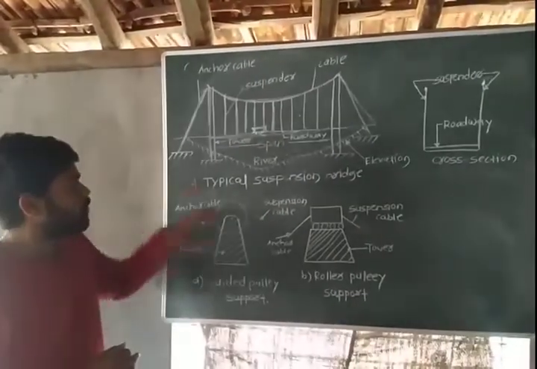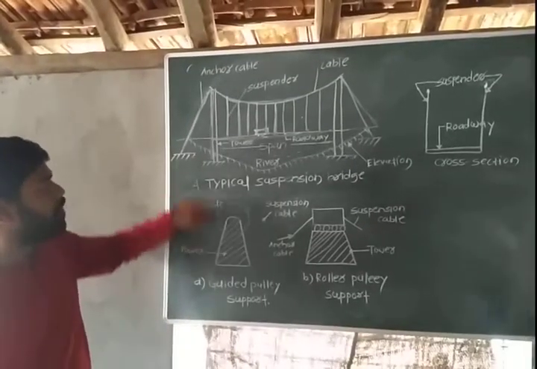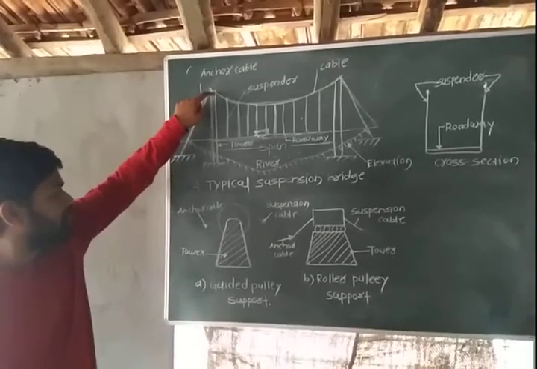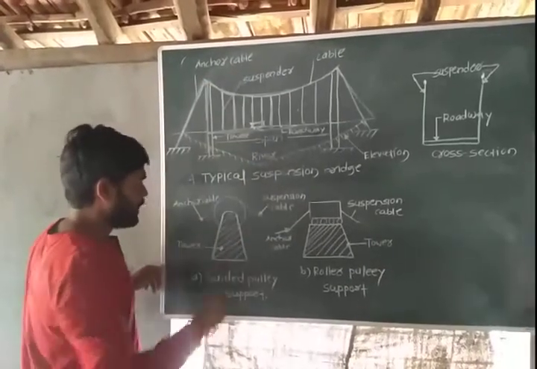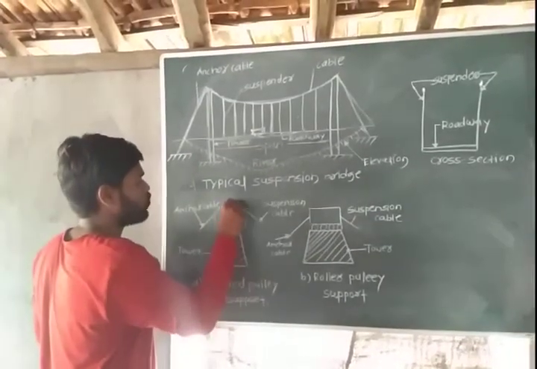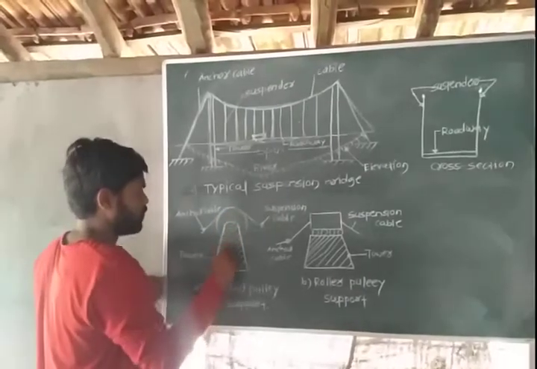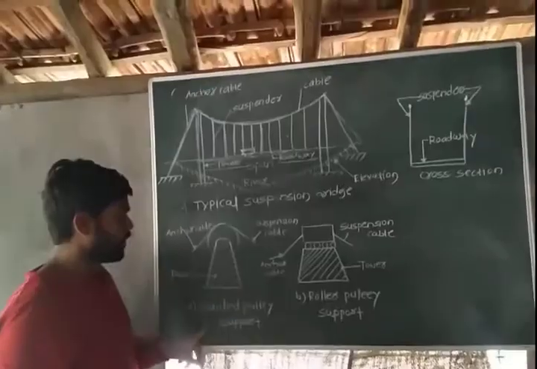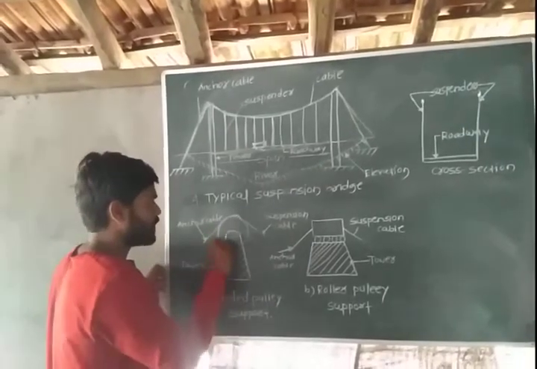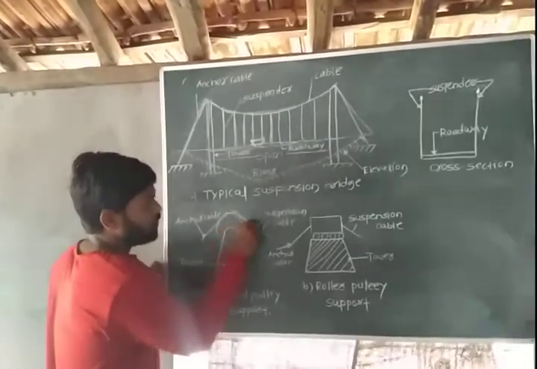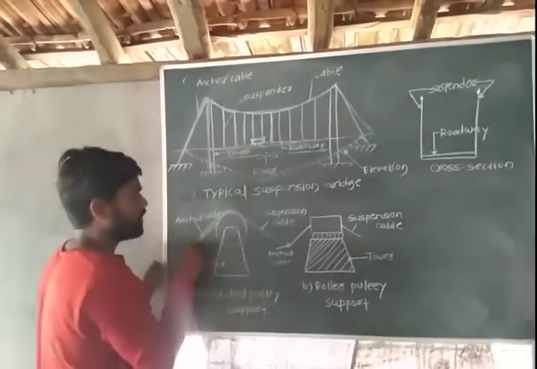Okay, now see here at the tower where the main suspension cable is supported, there are two alternative arrangements to support the cable. So this is one arrangement where it is supported by the guided pulley support. So here a pulley is connected. This is your main suspension cable and this is anchor cable.